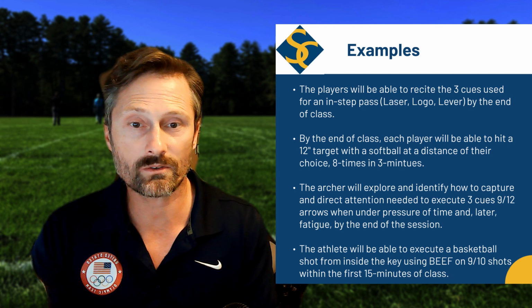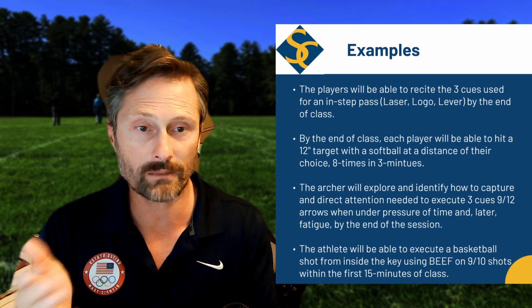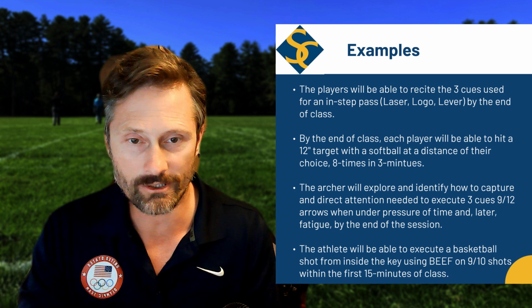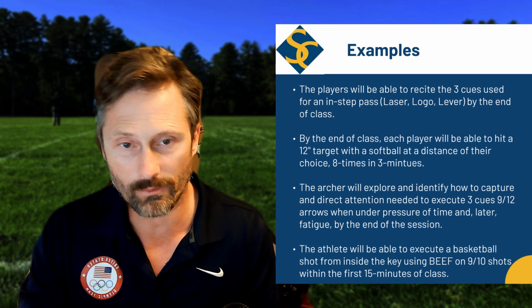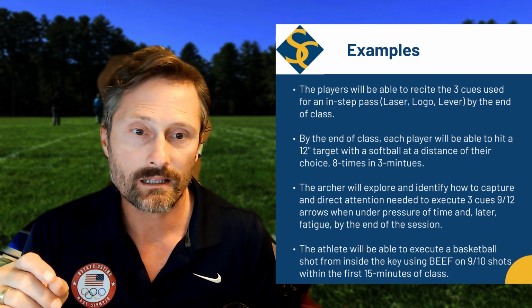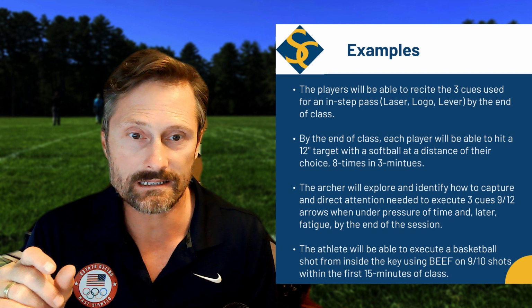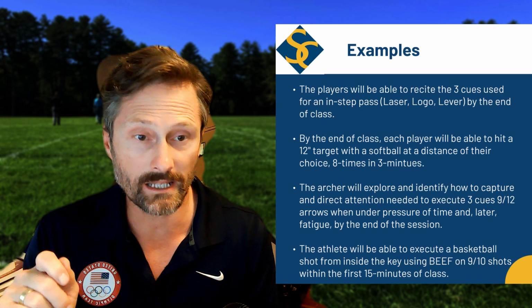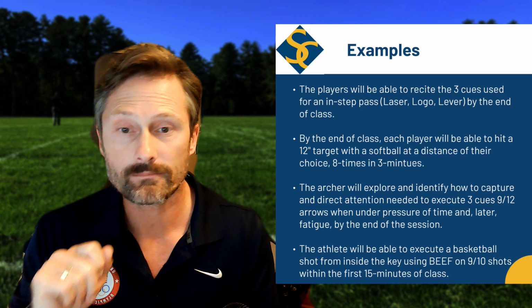We have another example here. By the end of class, each player will be able to hit a 12-inch target with a softball at a distance of their choice 8 times in 3 minutes. So this is a good learning outcome. Let's make it shorter and see if it still hits the criteria. By the end of class, each player will be able to hit a 12-inch target.